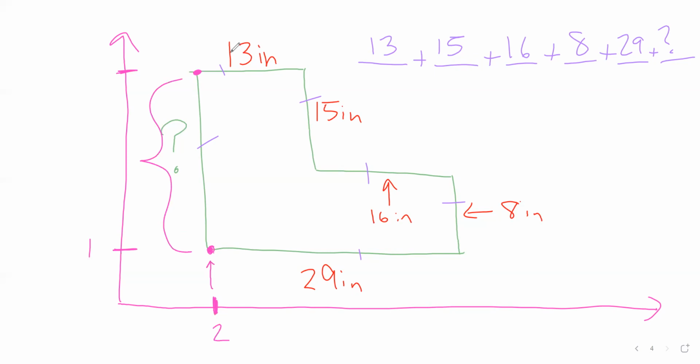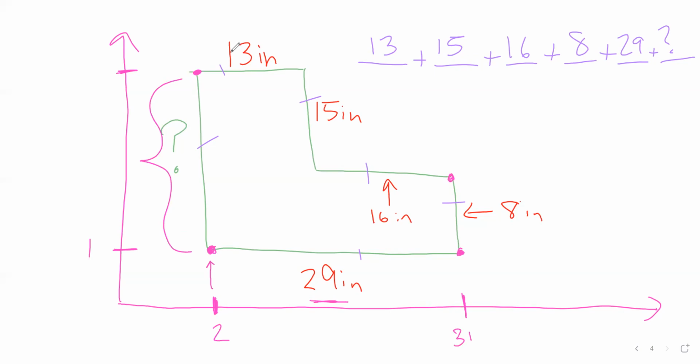So let's use some other things we know to help us do that. I always like to look at where some other pieces are. If I go back to this point that I'm saying is at a 1 and I travel out here, I see that this is on the same y. And if we know this is 29, if this was 2 plus 29, this would have to be 31. So this would be at 31, 1.